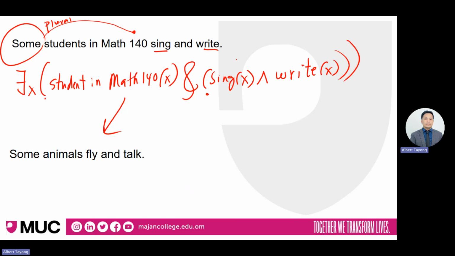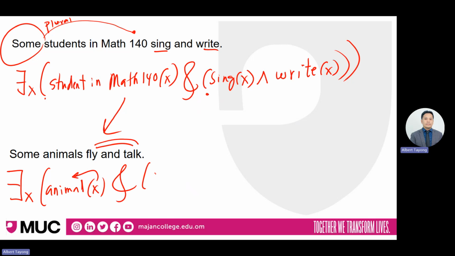So exactly similar here. We have verbs here. So we are not just saying that there exists an animal. We are talking about what they do here. So this is the symbol. Then we define it. Our X is an animal.